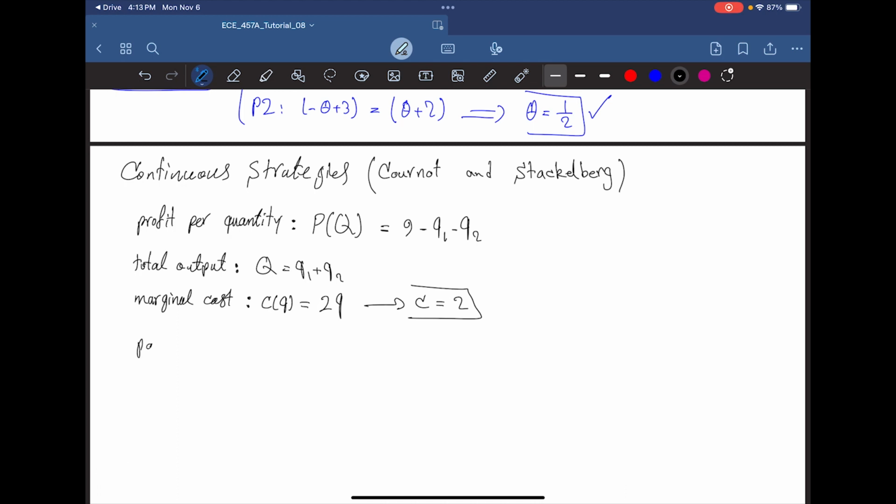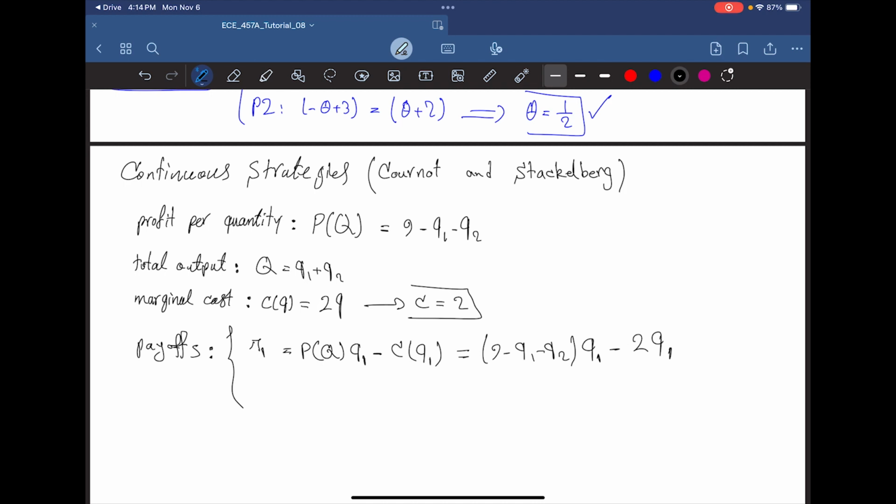So payoffs for the first company, the payoff is P(Q) Q1 minus C(Q1), which is (9 minus Q1 minus Q2) Q1 minus 2 Q1.